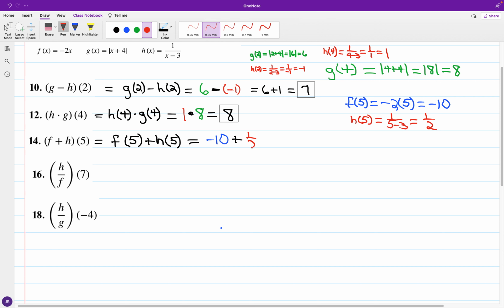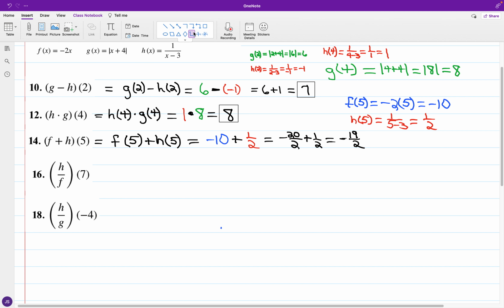For negative 10 plus 1/2, we can say negative 10 is negative 20 halves, plus 1/2, and so the result is negative 19 halves, or you can also write that as a mixed number or decimal, negative 9.5.